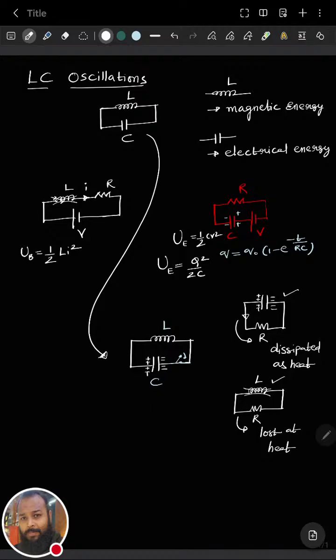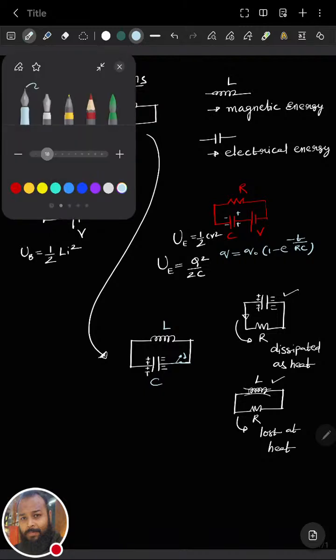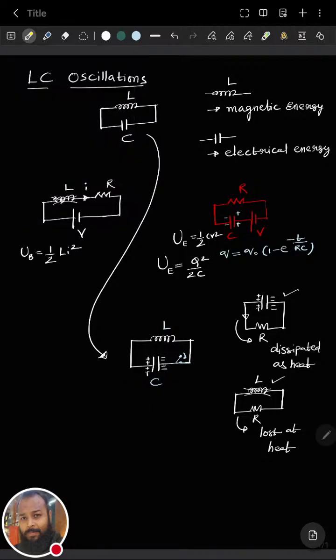But in this case, LC oscillation, which we are about to start now, what happens is different, because there is no concept of loss. You're connecting a capacitor which stores electrical energy, and when it is discharging like this, let me show you.